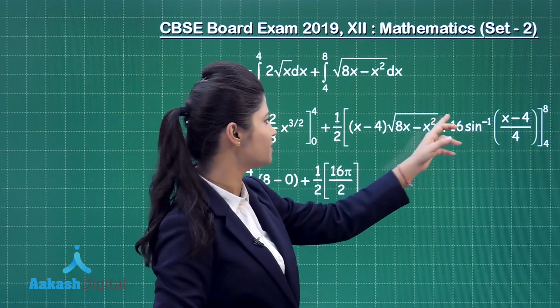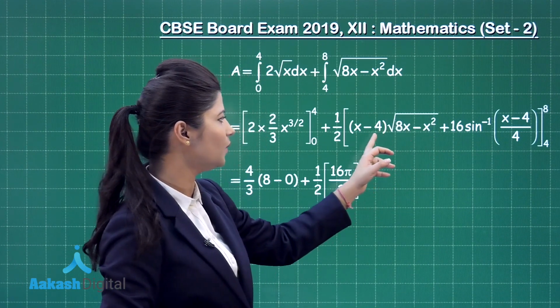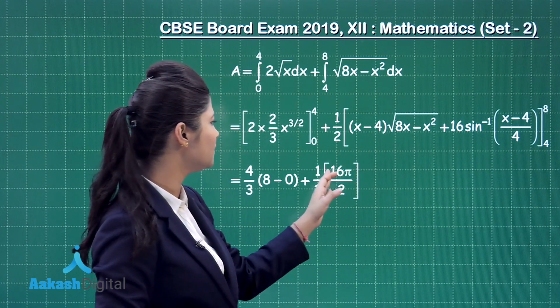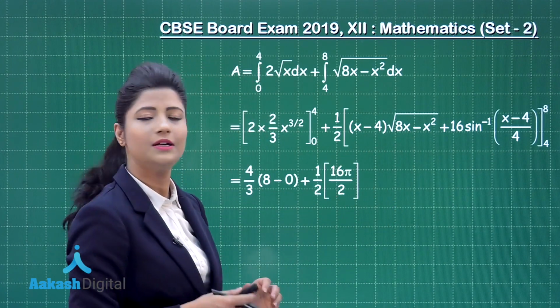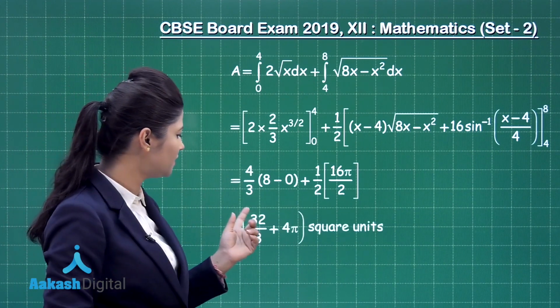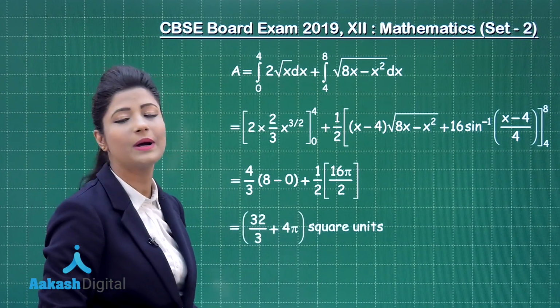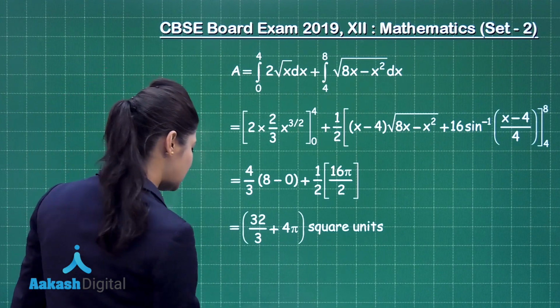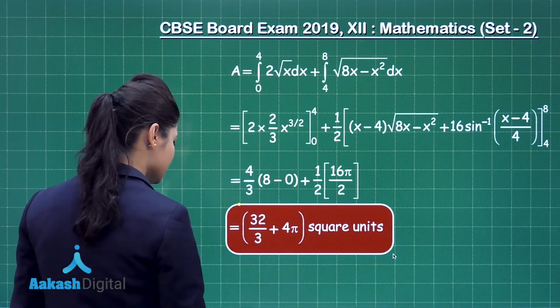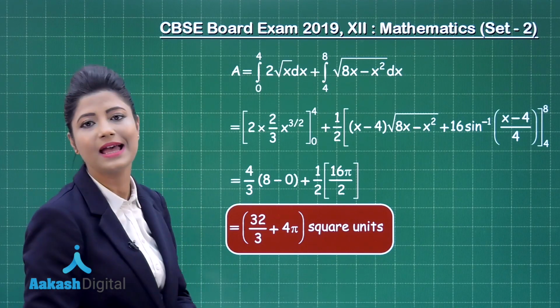Coming to this part, when you substitute 8 over here, this will become 0, and the sine inverse term will become sine inverse 1, giving you 16 pi by 2. In similar manner, when we simplify this whole part, I will obtain 32 upon 3 plus 4 pi square units. So this is the required area bounded between the circle, the parabola and the x-axis.